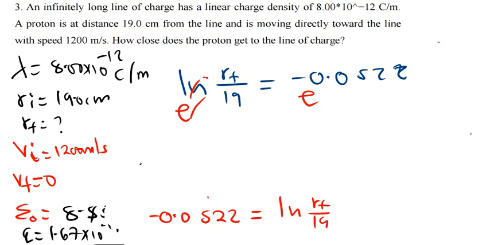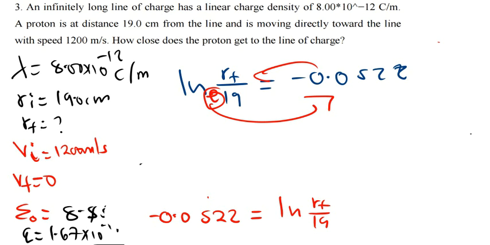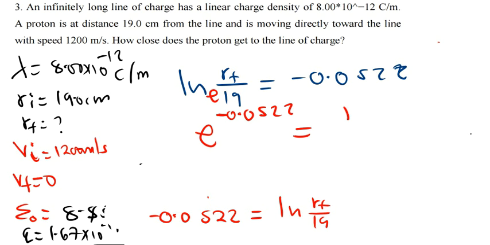If you don't want to do that, you can use this property. This is in base E, so it is E raised to the power of what is outside is equal to what is inside. So it is E raised to the power negative 0.0522 is equal to RF divided by 19, like that.